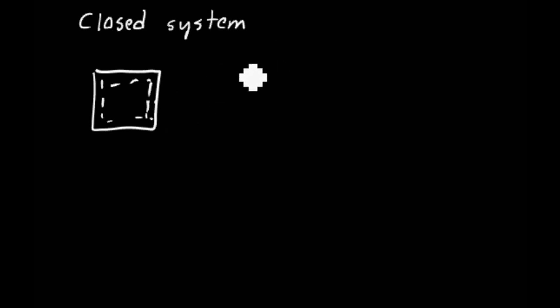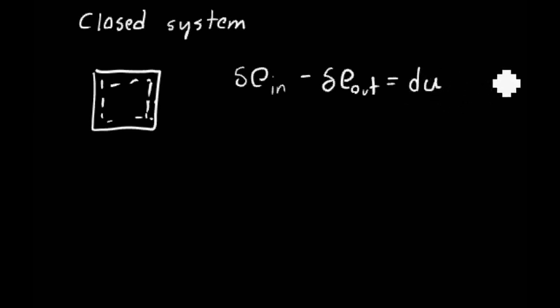So we have the change in energy in minus the change in energy out is equal to the change in internal energy plus the kinetic plus the potential. But let's assume that those are equal to zero. So we end up with this relationship.